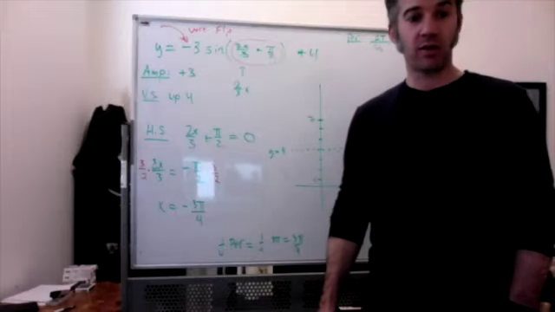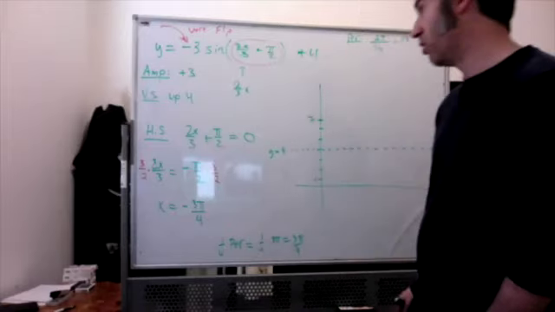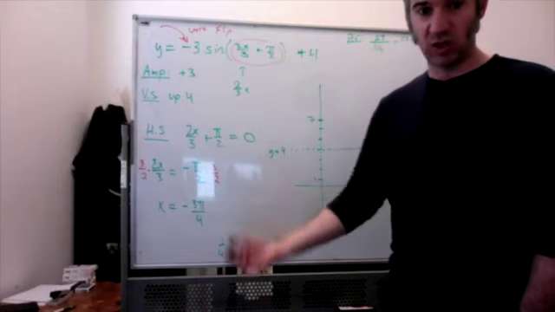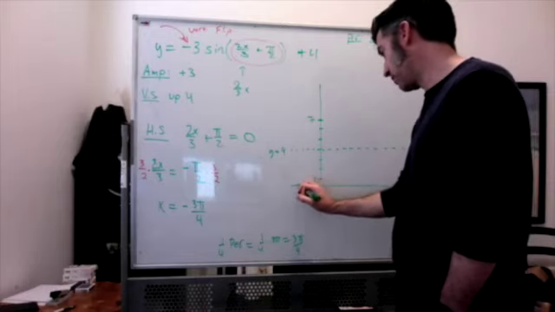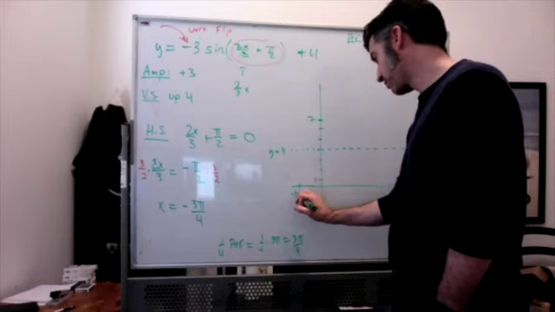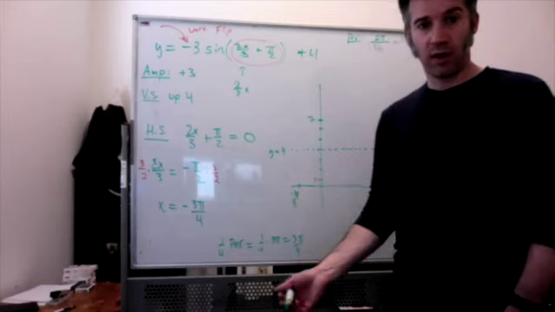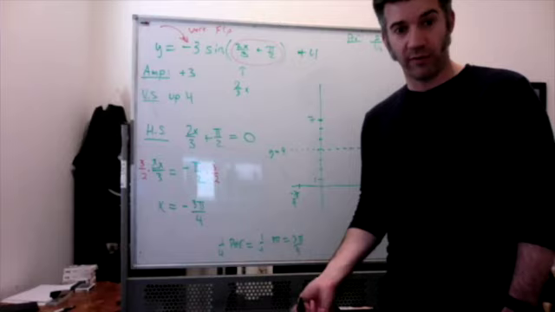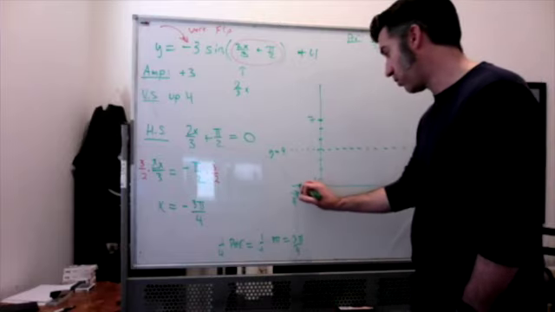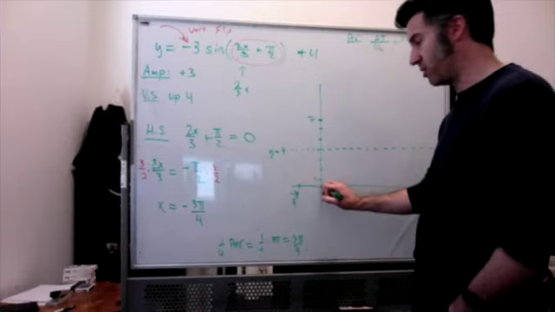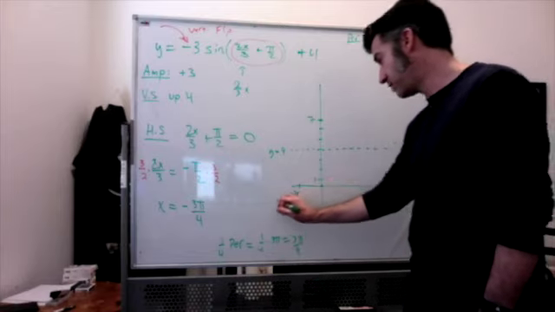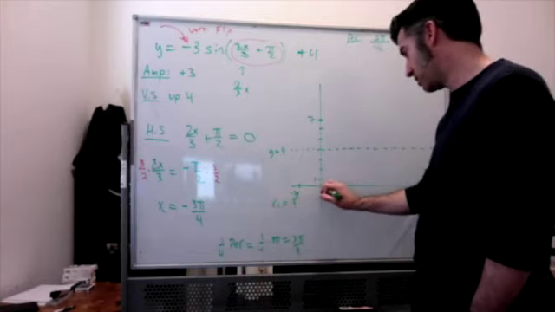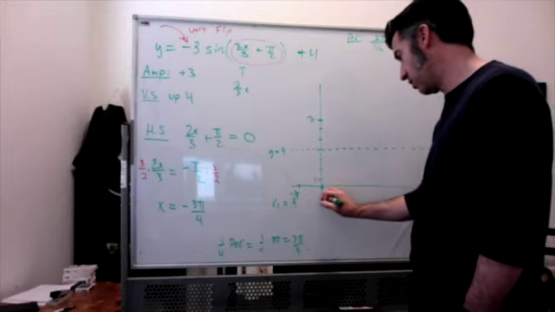It's actually going to make things turn out really nice. So our horizontal shift is where we start. We're going to start at negative 3 pi over 4. And then we know that we're going to go 1/4 of a period. When we add 1/4 of a period, we're actually going to end up right at 0, which doesn't always happen, but it does happen in this example. So our first x value is right there. Our second x value is actually going to be 0.